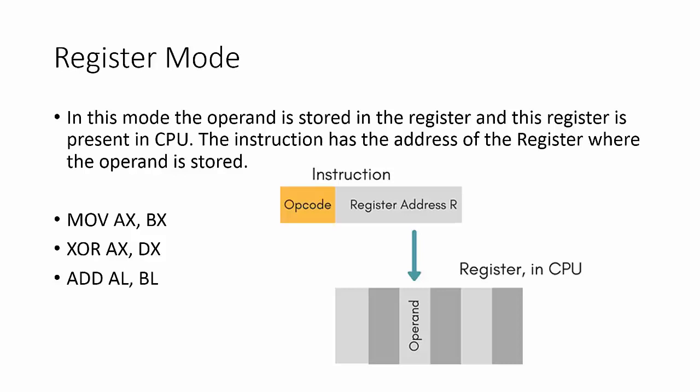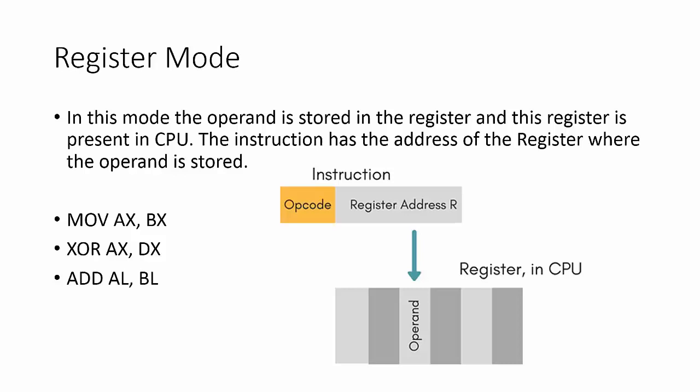Okay, what is a register? You have an idea about registers. A register is a small size of storage present in the central processing unit, or you can say it is the fastest memory storage device present in the microprocessor.